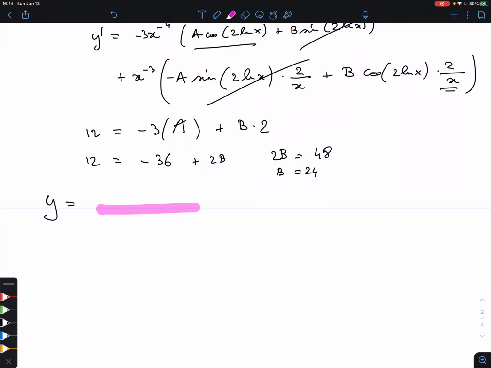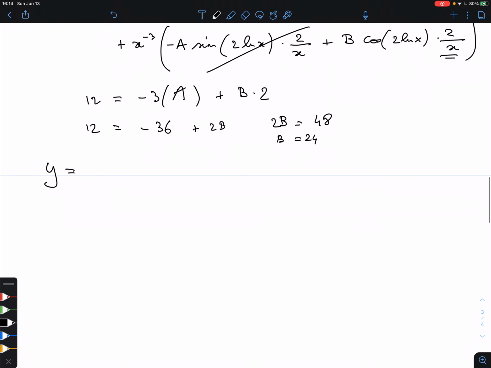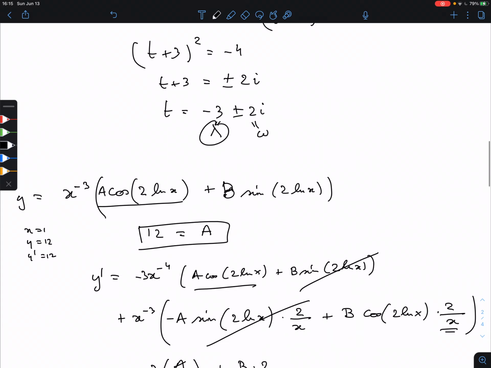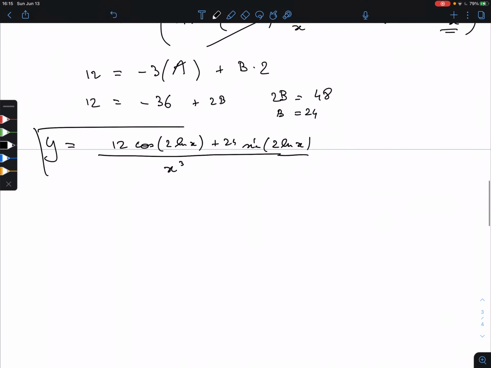So y is, I was going to write it as x cubed here, and on top we had 12 cosine 2 ln x plus 24 sine 2 ln x. It was sine and cosine, right, a and b, okay. All right, so that is our Euler solution.